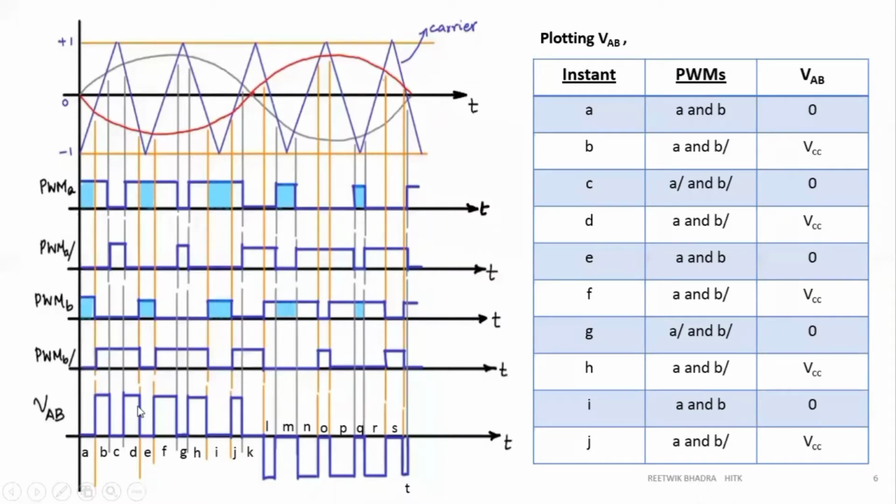Now next is E, the fifth instant. B bar is low, B is high. A bar is low, A is high. So you get A and B during this instant E. If A and B are present, what is VAB? 0. Okay, I think everybody has got A to E, and you can easily study F to J also like that.